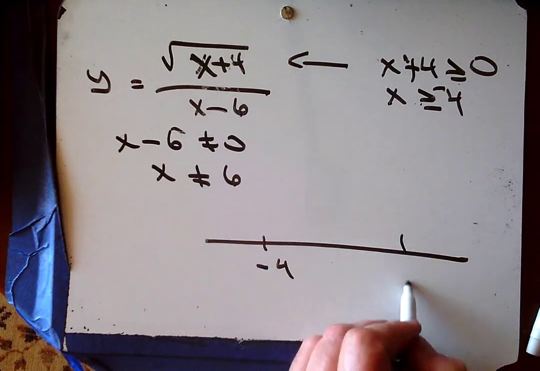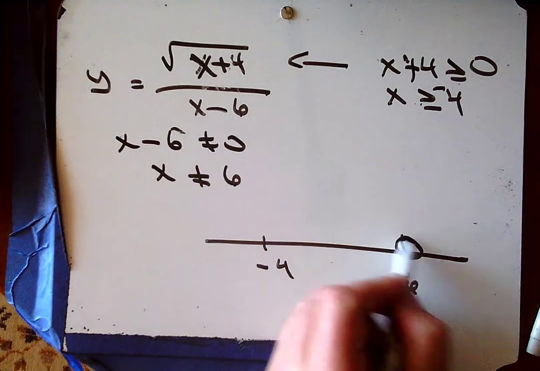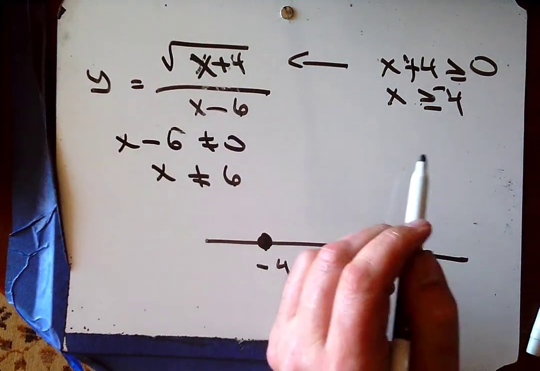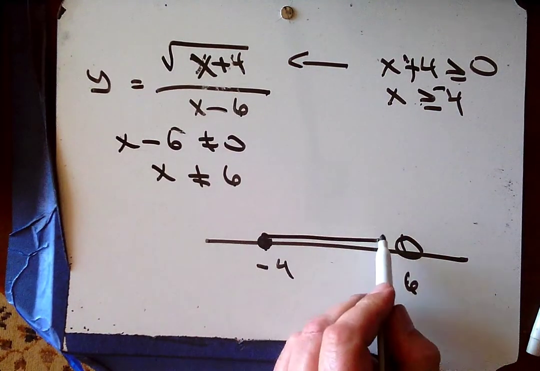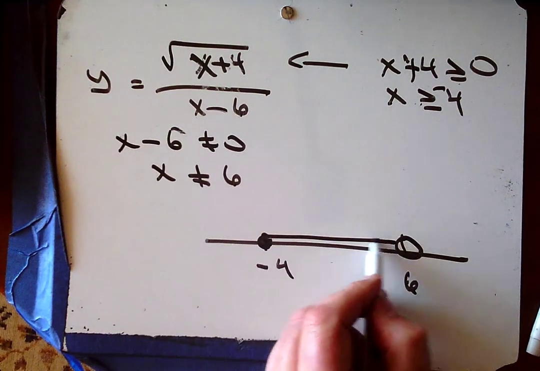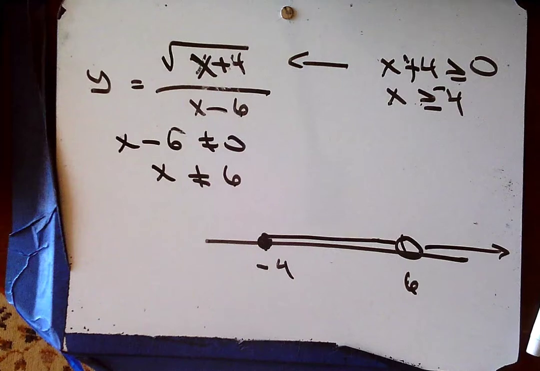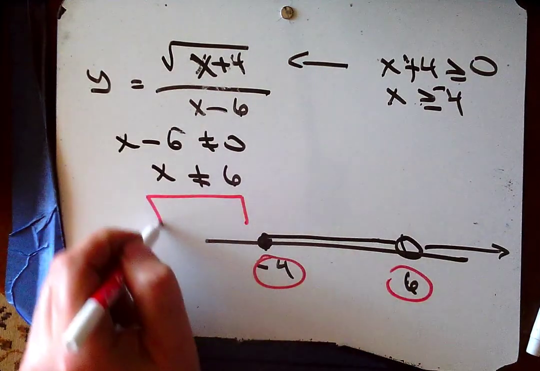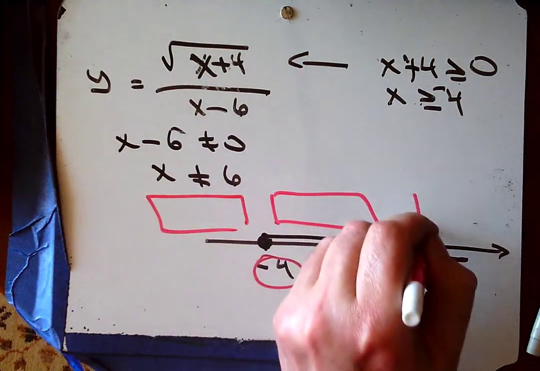So here's negative 4, here's 6. I can't be 6, I can be negative 4, or I can be values that are bigger than negative 4. Hey, wait a minute, 6 is bigger than 4. Yeah, but I can't be 6. So I'm going to have to skip 6 and keep going. Now, if you're not sure about that or comfortable with that, just take the critical numbers and then test these intervals.